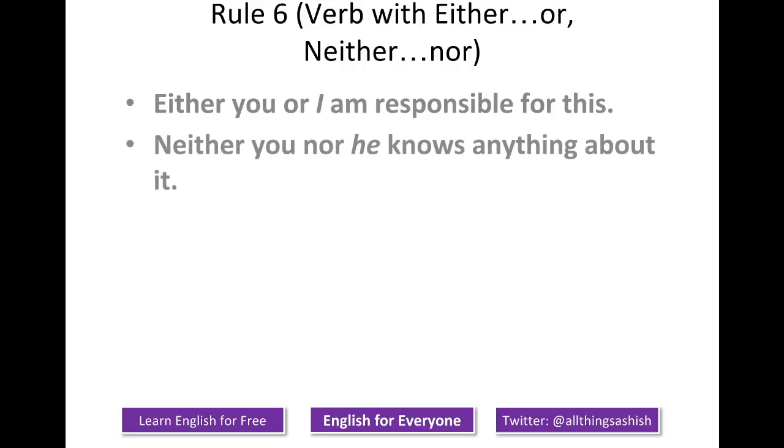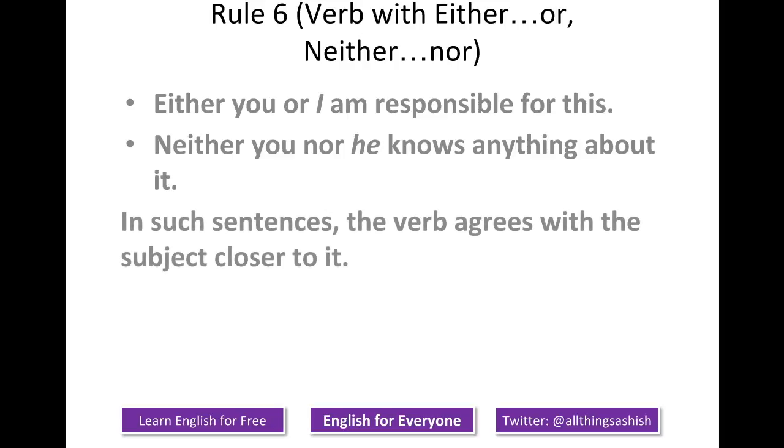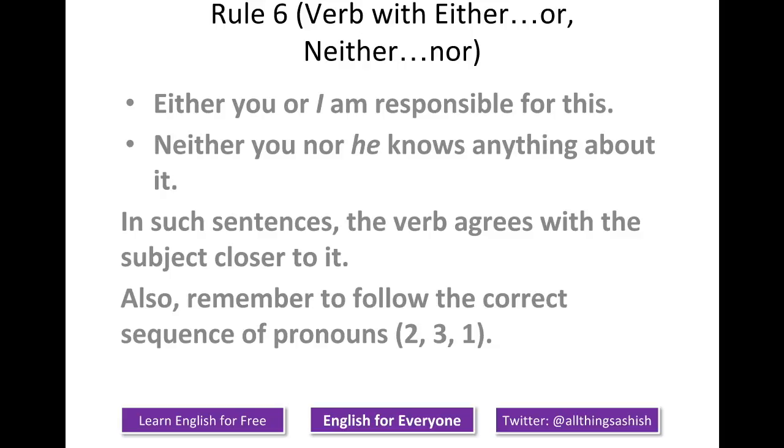In such sentences, the verb agrees with the subject closer to it. And with such sentences, it always helps to remember the correct sequence of pronouns. So do remember the 2-3-1 formula that we learned in the last slide.